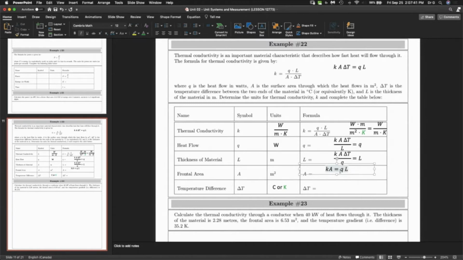So we're going to divide both sides by K and delta T. And you can play this game again. You notice how in this equation, A and delta T are in the same position? You can take advantage of that, and you can actually just switch them.